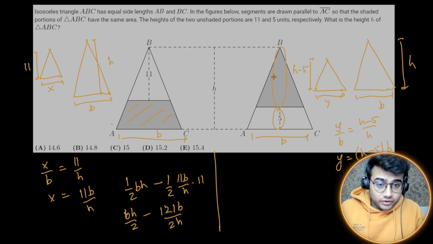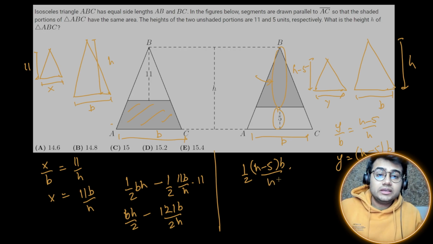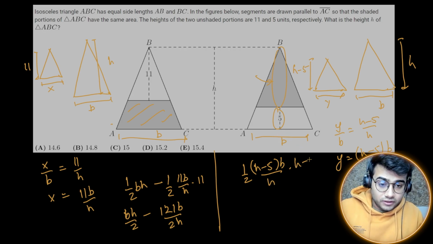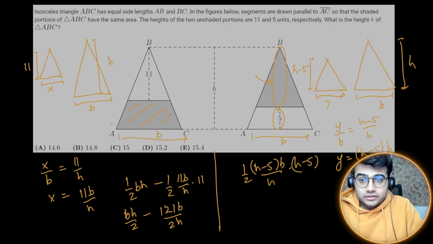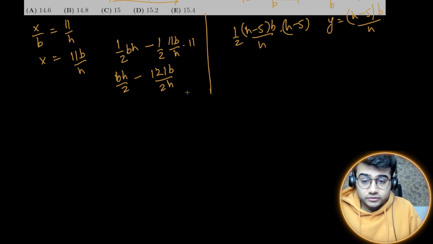So what is the area of this shaded region? Well, that's just going to be half the base. Base is Y, so H minus 5 times B over H, times the height, which is H minus 5. Okay, so we know that these two areas are supposed to be equal.